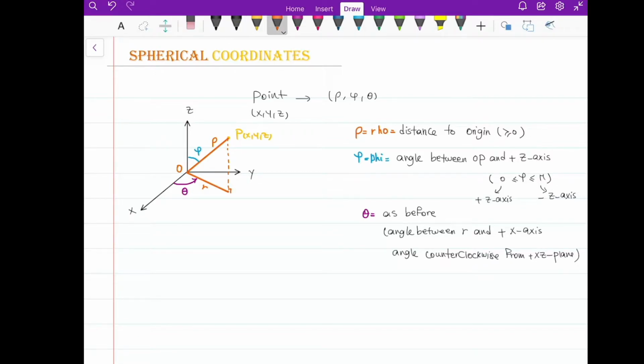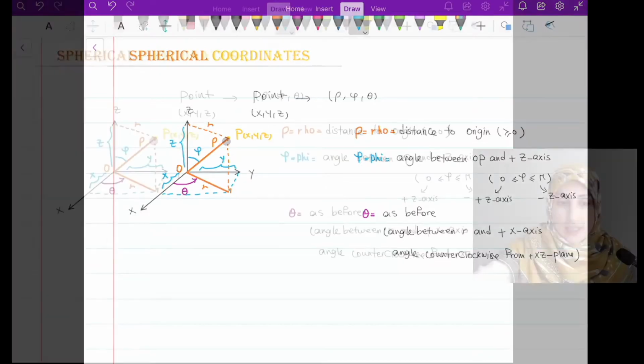So look at that. This is also R. And you might notice that this is my x coordinate of the point, this is my y coordinate of the point, and this is the z coordinate of the point P. So the point x, y, z, the point P, can also be represented as rho, the distance from O, the origin, to the point.